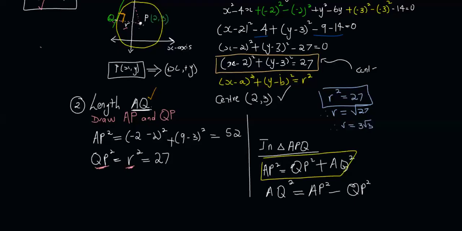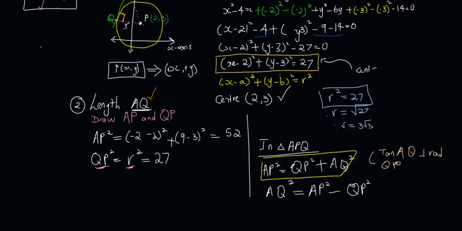So here you can just write: tangent AQ is perpendicular to the radius QP, which is according to the theorem of Pythagoras, which says the hypotenuse side squared is equal to the sum of the squares on the other two sides.